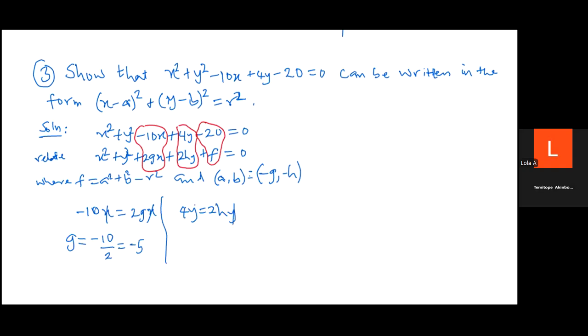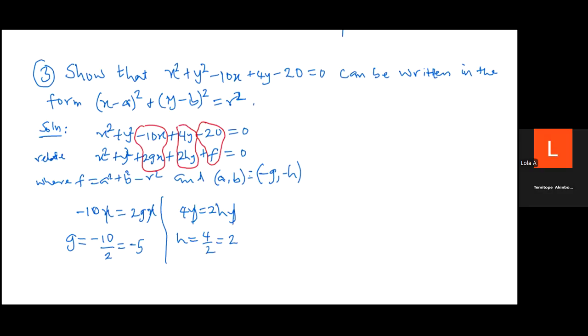Then you have h equals 4 over 2, which is 2. So we have determined the value of h. Am I communicating? Are you with me? Yes, I'm with you.